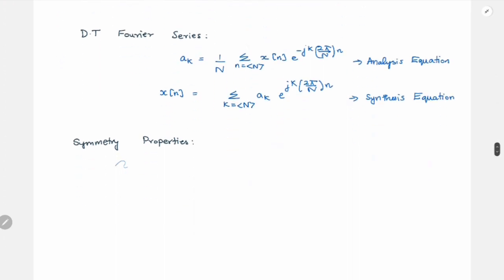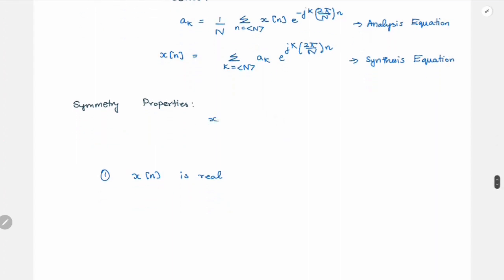First let us take a look at when x[n] is real. Let us recall what we had in the previous lecture. If x[n] gives us Fourier series coefficient a_k, then x conjugate of n gave us coefficient a_{-k} conjugate, and x[-n] gave us a_{-k}.